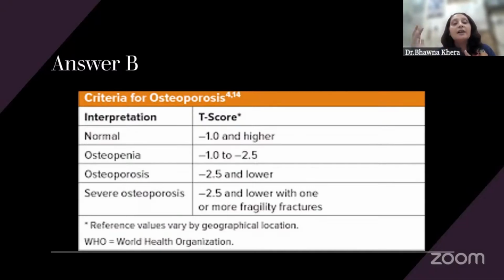As we go from 1 to 2 to 2.5, because of the minus sign, the values are decreasing. So the normal T-score is -1 and higher, osteopenia is -1 to -2.5, and osteoporosis is -2.5 and lower. What about severe osteoporosis? It is -2.5 and lower with one or more fragility fractures.